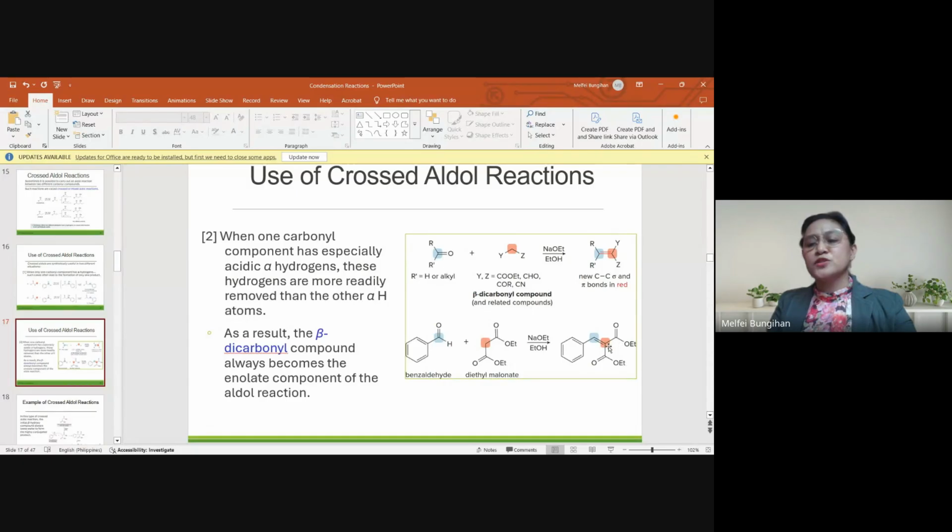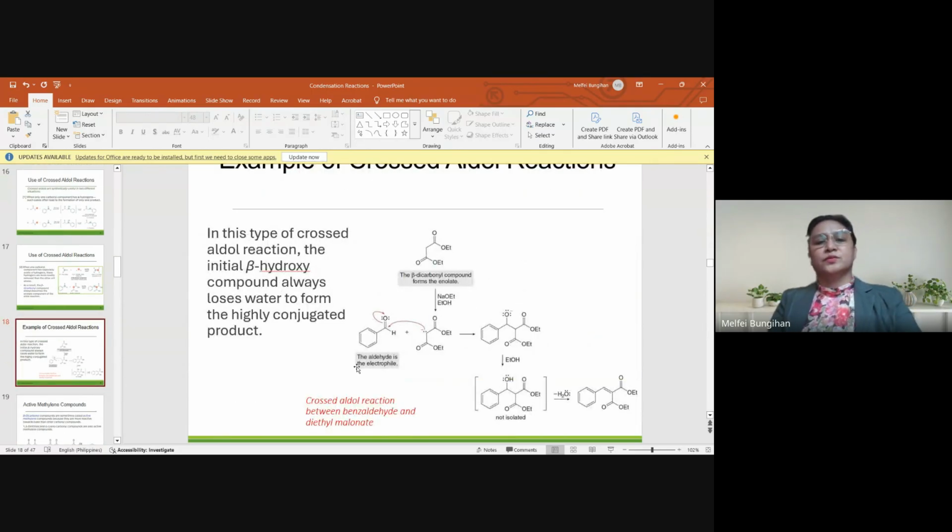Of course, eventually it forms one final product, which is an alpha beta unsaturated carbonyl. So in this type of cross-aldol reaction, the initial beta hydroxy compound always loses water to form your conjugated products.